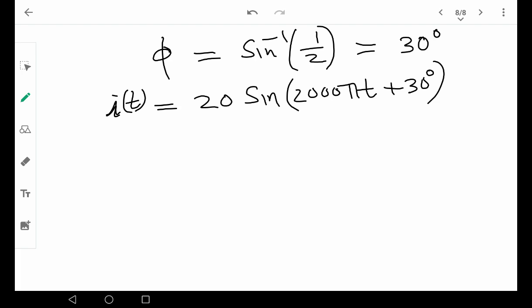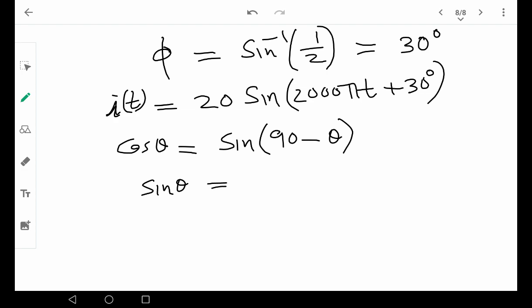Okay. Now I want to convert it into cosine function. So you know, you can write cos theta equal to sine(90 minus theta), isn't it? Or else you can write sine theta equal to cos(theta minus 90).